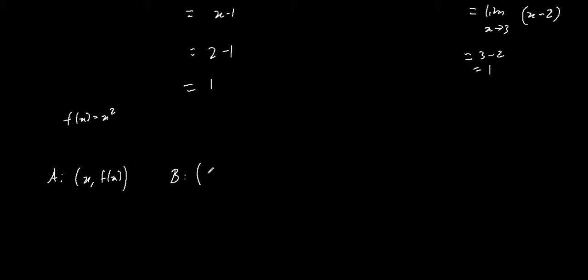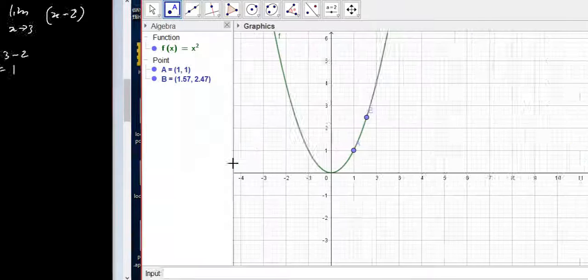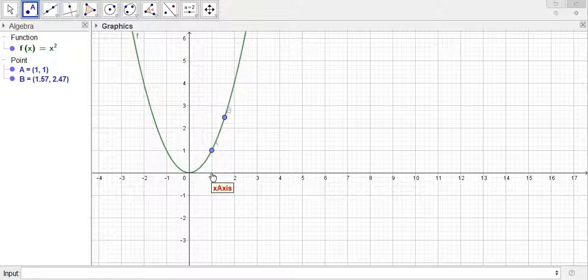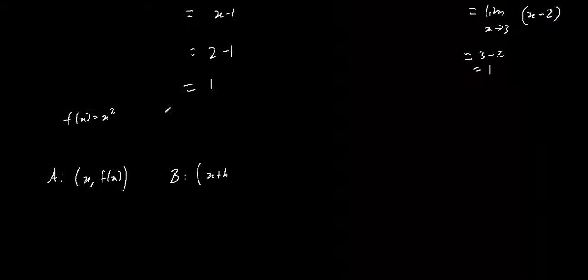So that means this would be x plus h. As you can see, this is x, and my horizontal distance between them in this case is 0.57. I can shift it around however much I want. I really don't care. So this horizontal distance, the difference in x values between B and A, is h. So this would be x plus h, and my y value would be f of x plus h.